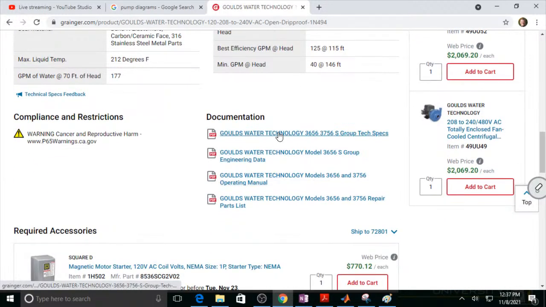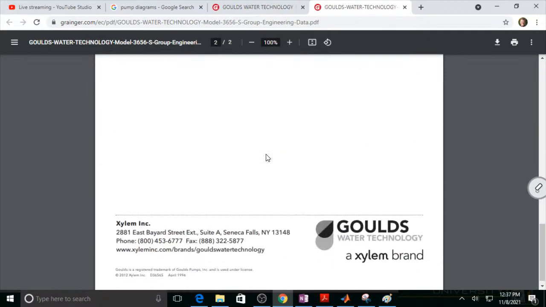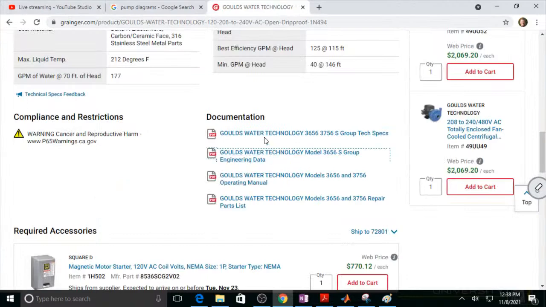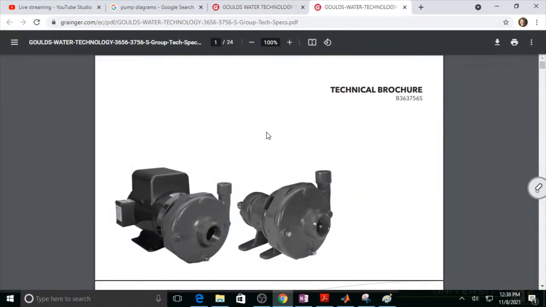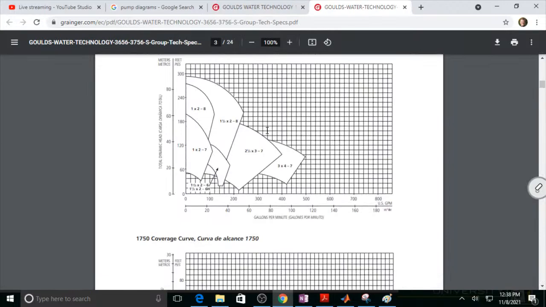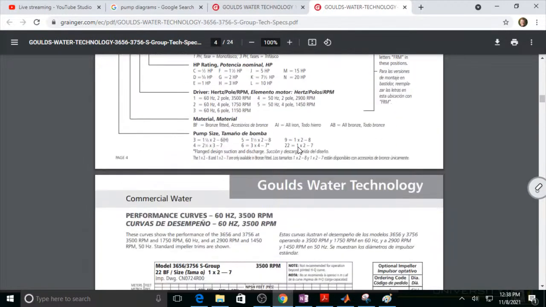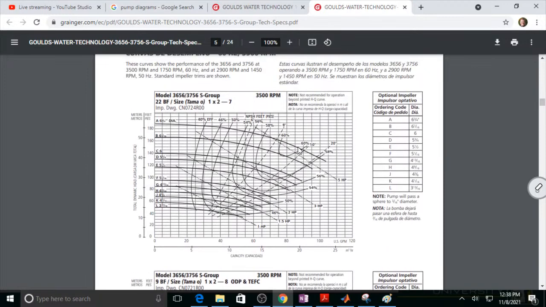Okay, wait. Engineering data. Let's see what this looks like. Boo, that's no good. Okay, here we go. There we go. There's the first evidence of an actual official pump curve.